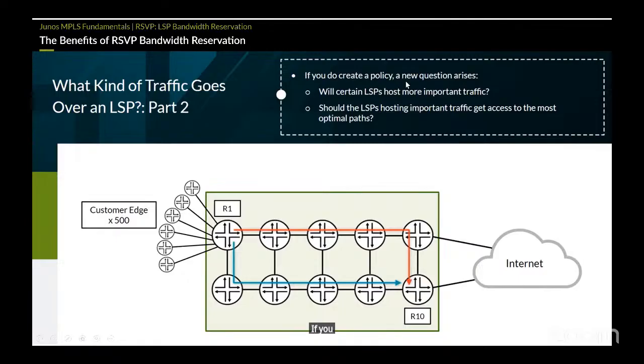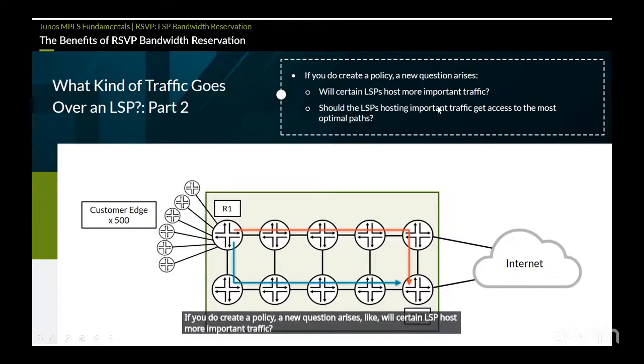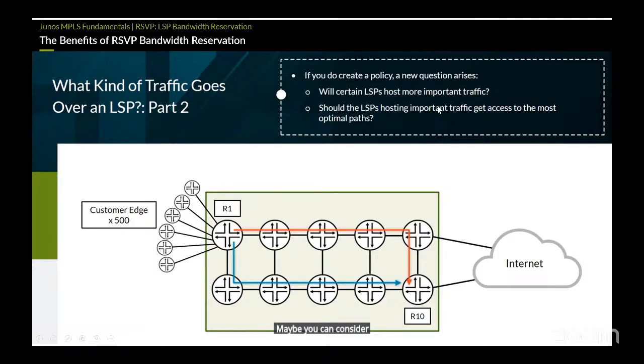Okay. So if you create a policy, a new question arises: will certain LSPs host more important traffic? Maybe you can consider some customer is a very good customer, and some customer is normal, and some are bad customers. Okay.